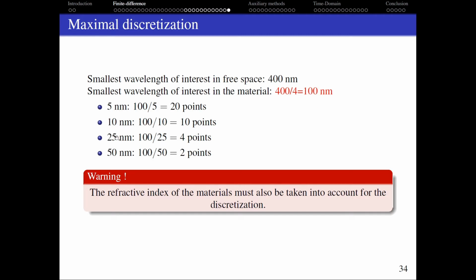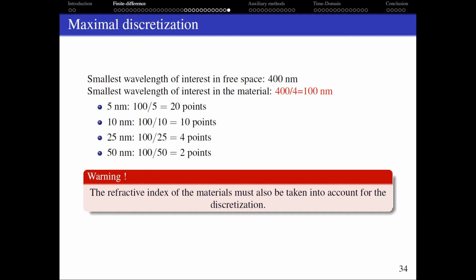And if we increase the discretization step, we can see that this decreases dramatically. When you have only 4 points in your wavelength, or 2 points, actually light doesn't propagate in the grid.